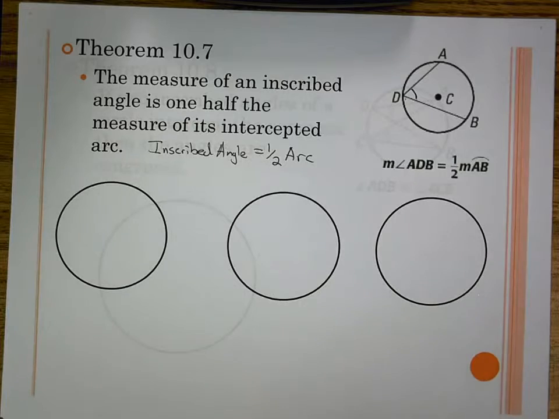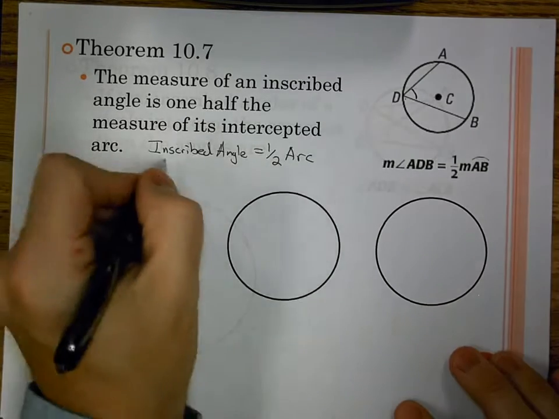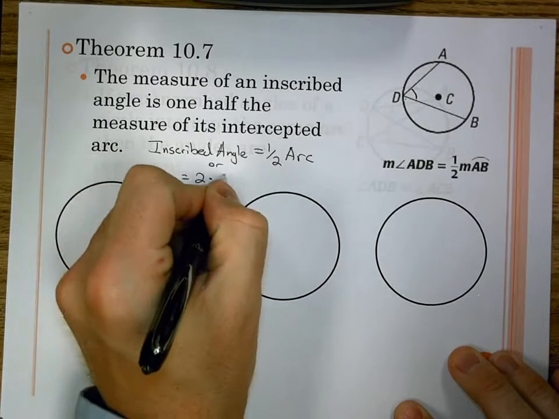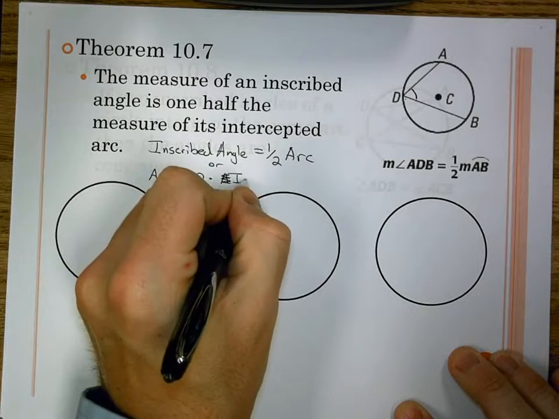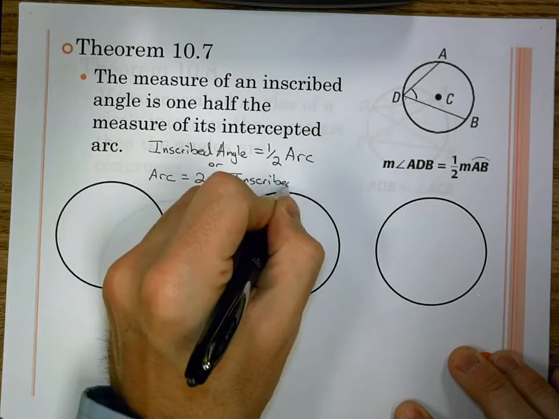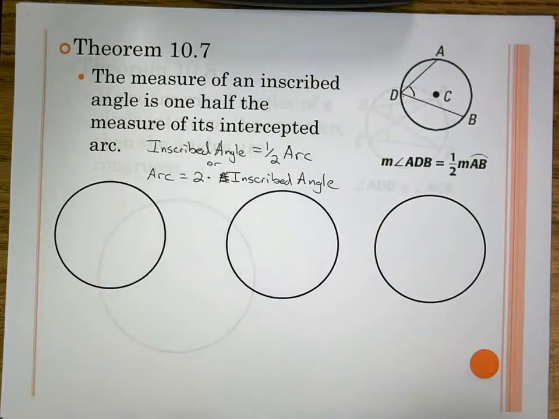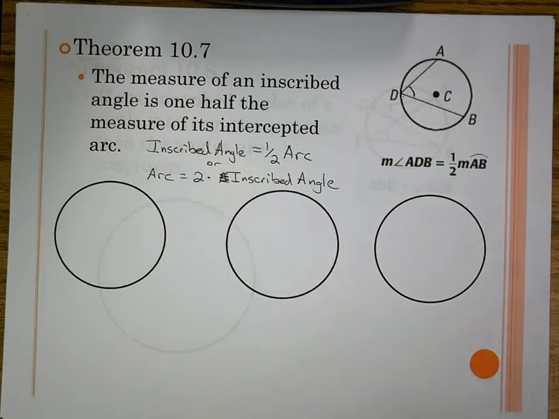Now, if you don't like that 1/2, you want to move it over, you could say the arc is 2 times the inscribed angle. That would also work. So the arc is twice the angle, or the angle is half the arc. That's the relationship we have between them. So let's start off with some basic examples.